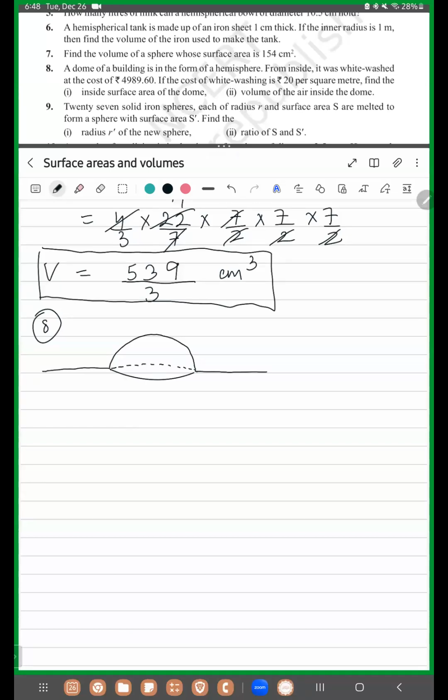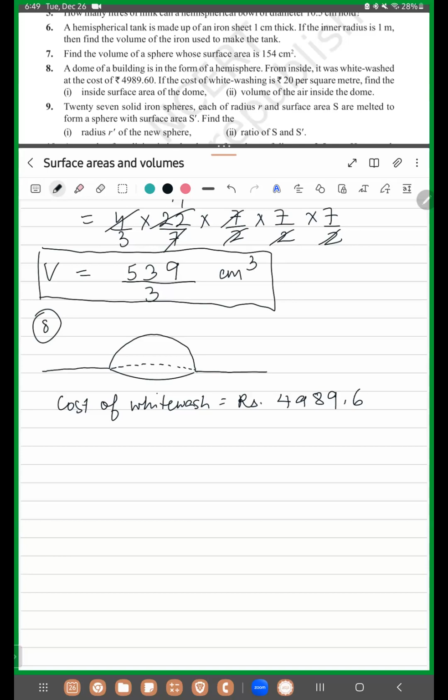So from inside it was whitewashed at the cost of this. So cost of whitewashing. Whitewashing means what? Area. Remember, whitewashing will be done on some area. So cost of whitewashing is rupees 4989.6.